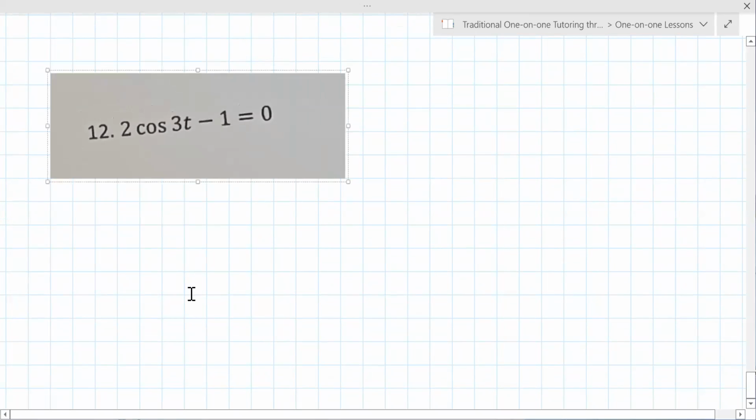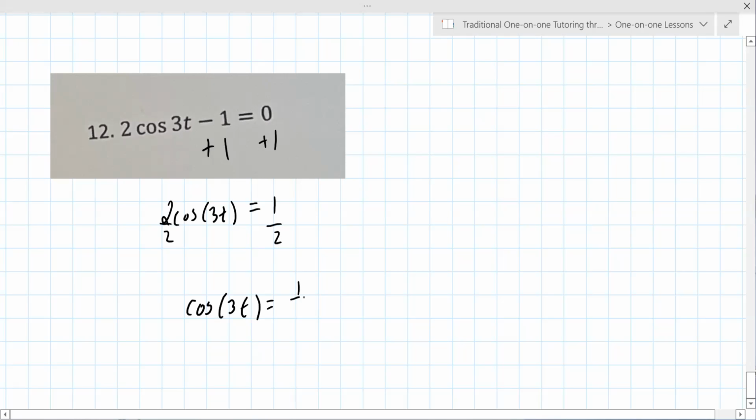Now, this has a couple of other added little things in there. We should add 1 to both sides. We should divide by 2. So it's cosine 3t equals 1/2. And rather than focusing on this 3t, you make a substitution. Let's let theta equal 3t. Cosine theta is 1/2.